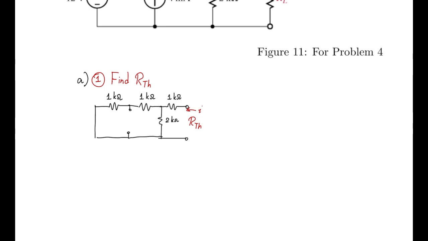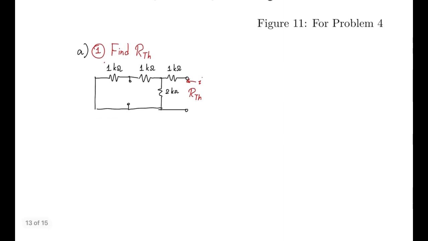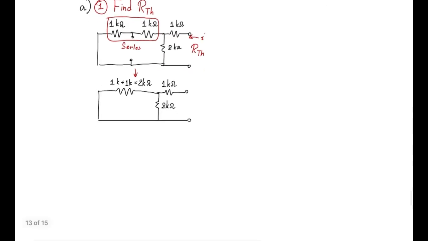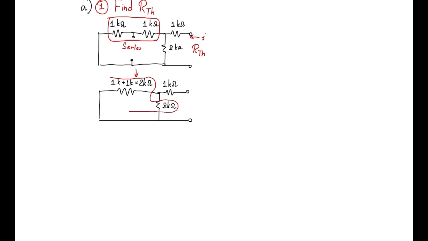Then, we can find the Thevenin resistance by combining the remaining resistors into one, using various resistor combination rules. Firstly, we see that these 1 kΩ resistors are in series, therefore we can simply add them together into 2 kΩ. Next, we get a couple of 2 kΩ resistors connected in parallel, so we can combine them using the parallel rule for 2 resistors: R1 times R2, divided by R1 plus R2.